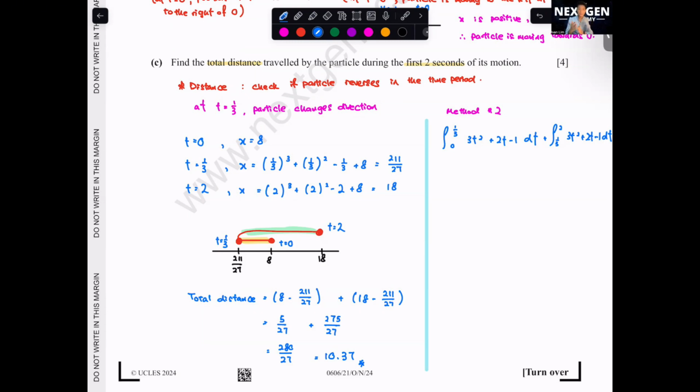One of it you will get a negative value, one of it you will get a positive value. If you want to do this also can, but the way that I normally teach is this one. You just need to find the position. I feel it's easier. Find the position, check whether it changes direction or not.